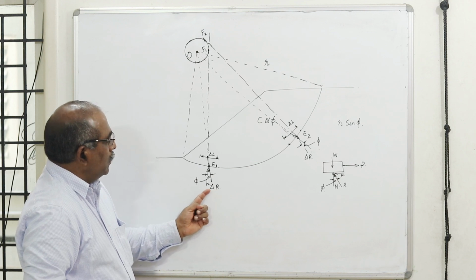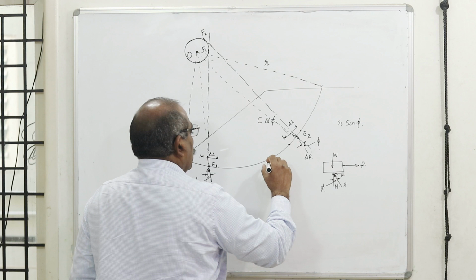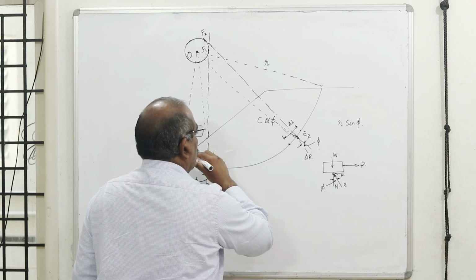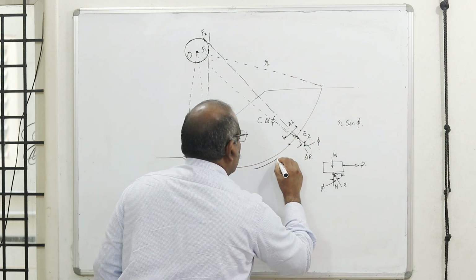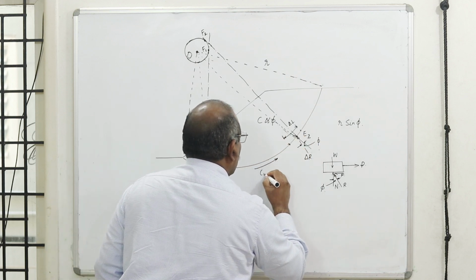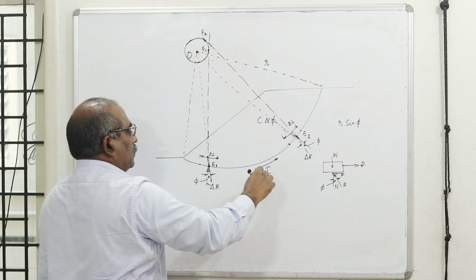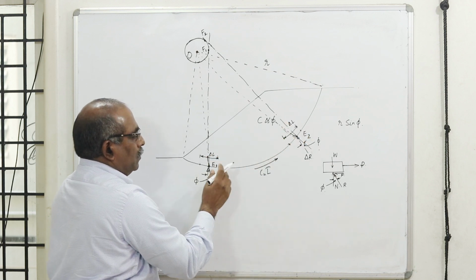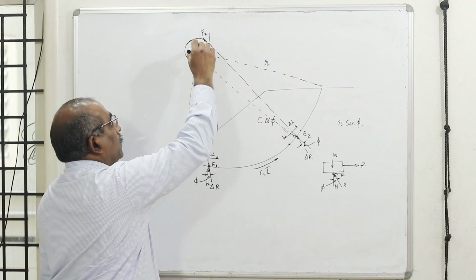Along the slip circle there is a cohesive force, Cu times the arc length L, which resists the movement, so there will be a resistive force.